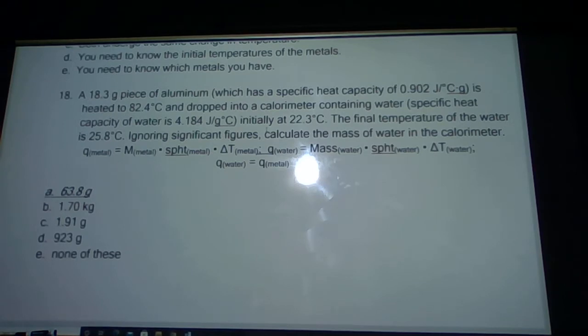The final temperature of the water is 25.8. Ignoring significant figures, calculate the mass of the water in the calorimeter.